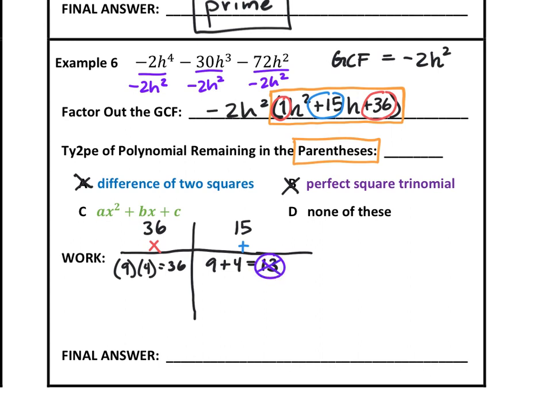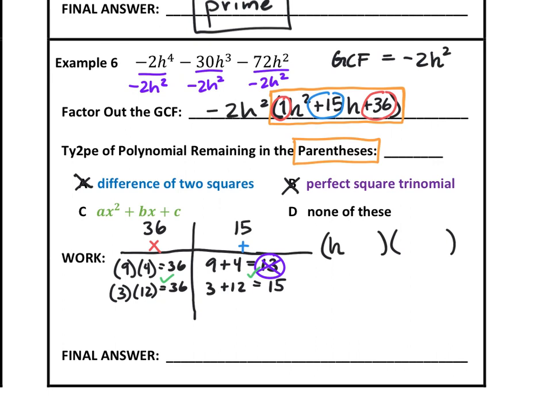I don't want 13. What about 3 times 12? That's 36, and 3 plus 12 is 15. That works. So I'm going to set up my parentheses.